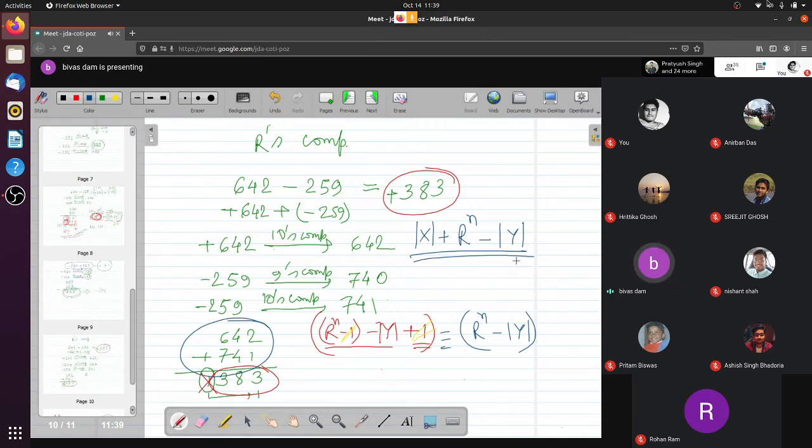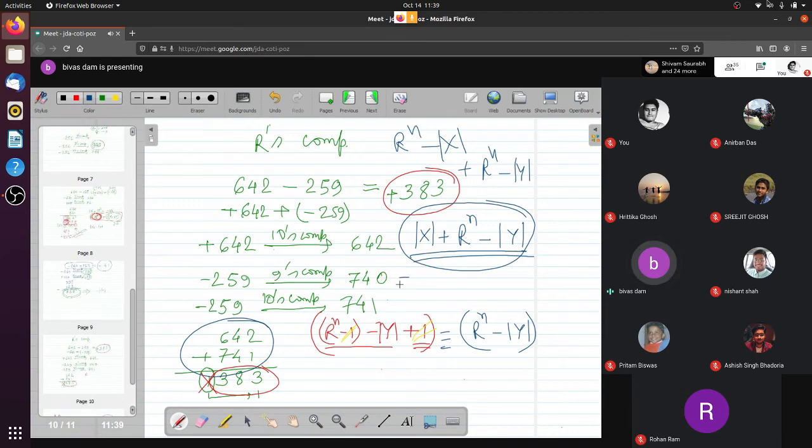That's why I have achieved this. In case x is also negative, I will get R to the power n minus mod x plus R to the power n minus mod y. In case x and y both are negative, that's a different story. In case you require, I will analyze that. Otherwise, I will simply confine myself to the case where x is positive and y is negative.